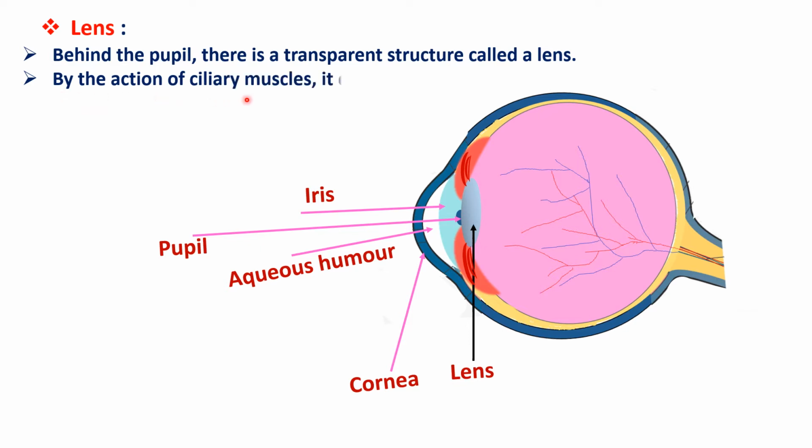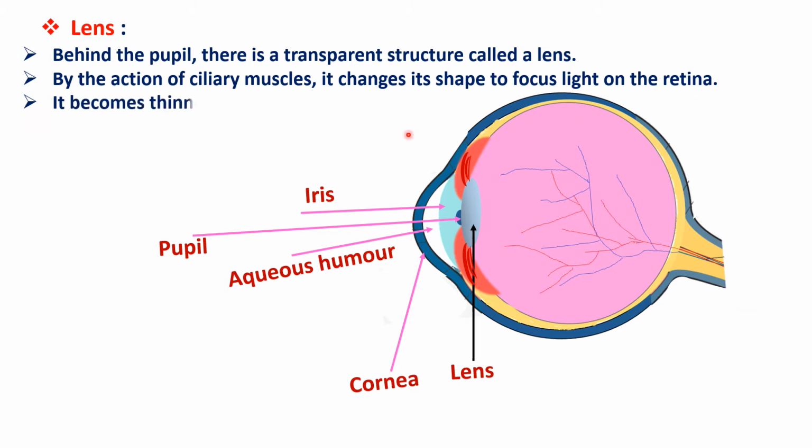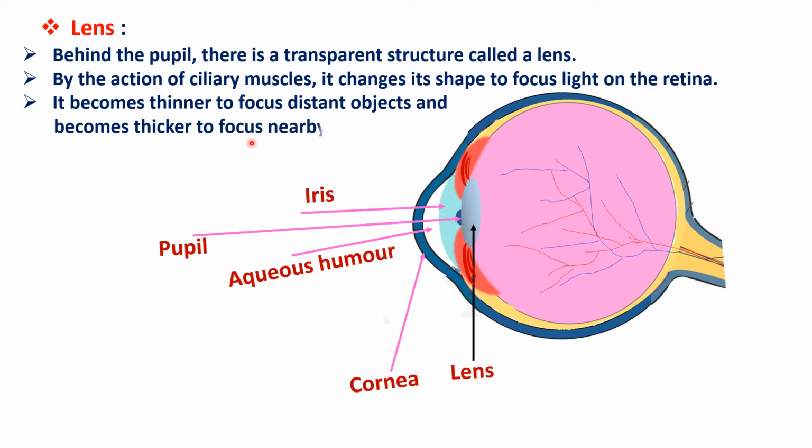By the action of ciliary muscles, here are the ciliary muscles, it changes its shape to focus light on the retina. It becomes thinner to focus distant objects and becomes thicker to focus nearby objects.